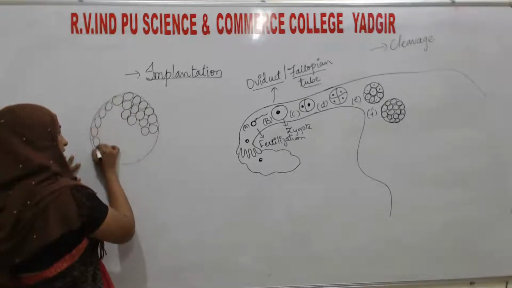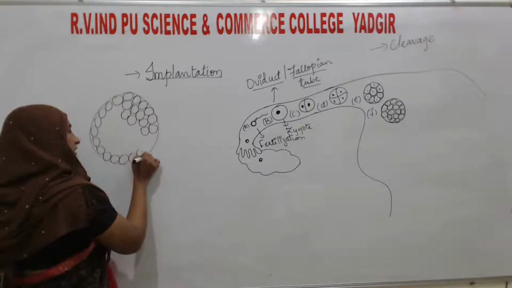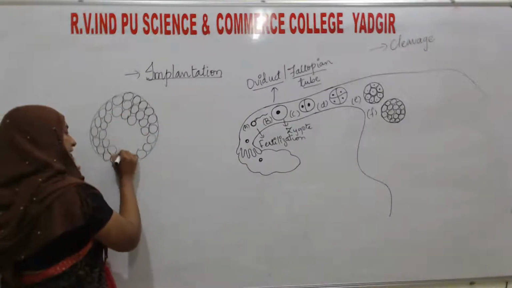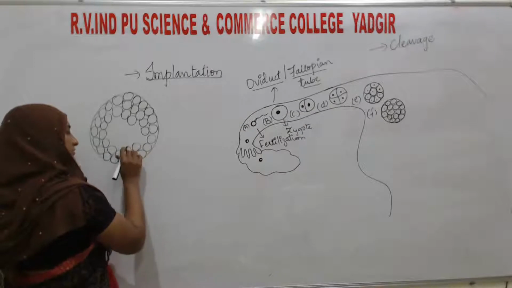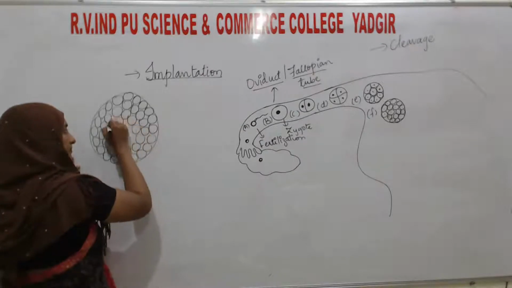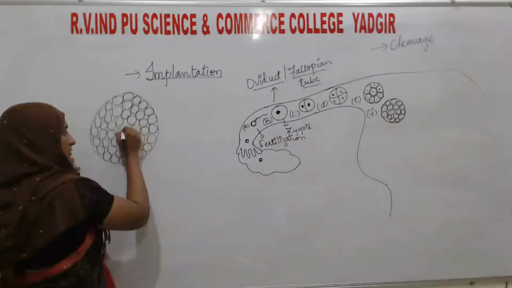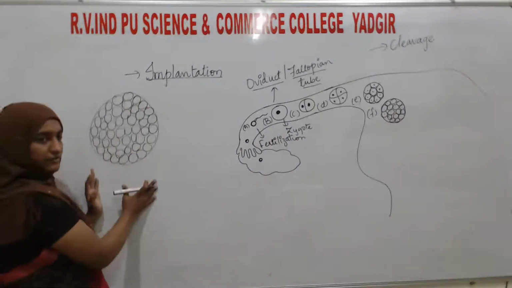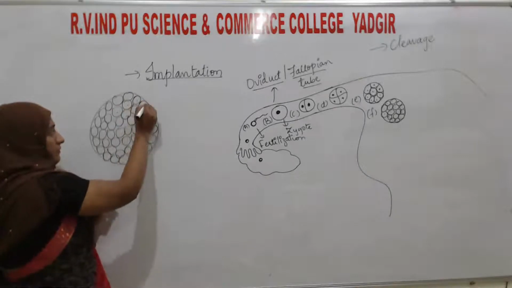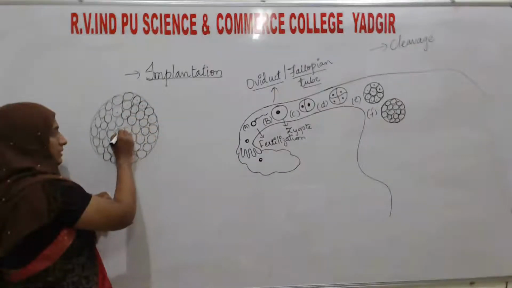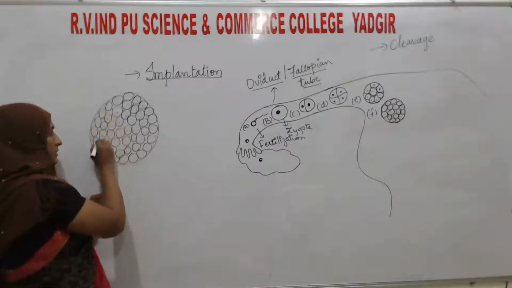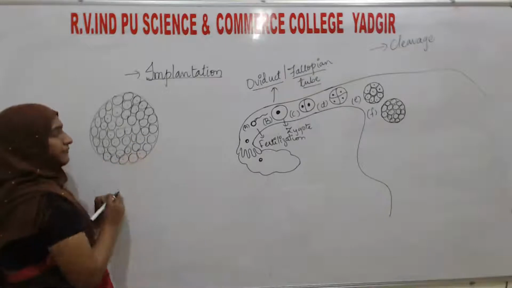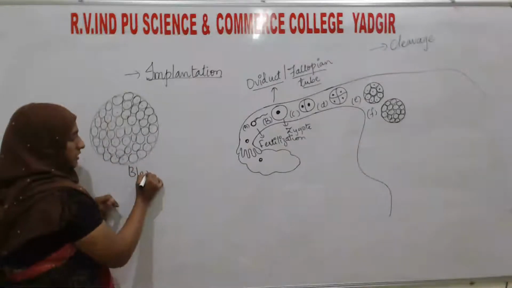This stage we call the blastula because there are many small cells, and those small cells we call the blastomeres. Like this. Okay, full mass of cells. This is the blastula.